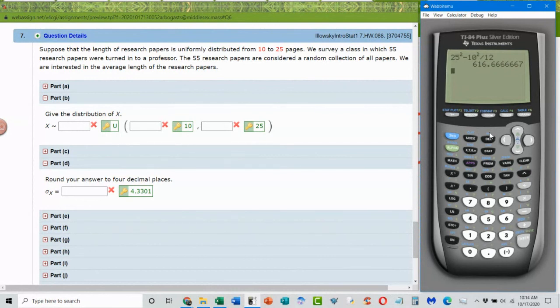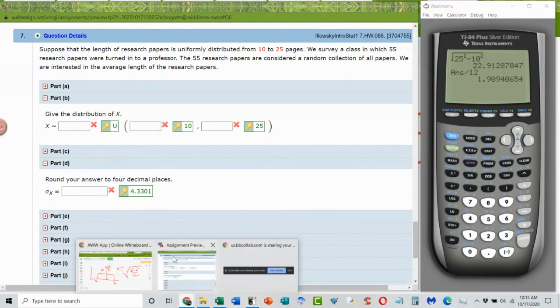That doesn't come out to be 4. Oh, hold on. The square root of 25 squared minus 10 squared, all divided by 12. That's not right either. Hold on. What? Go back to the book. I'm doing something wrong.